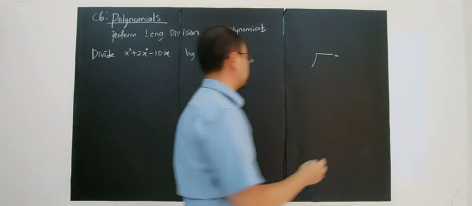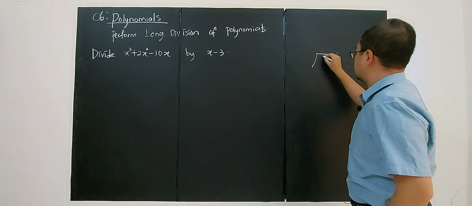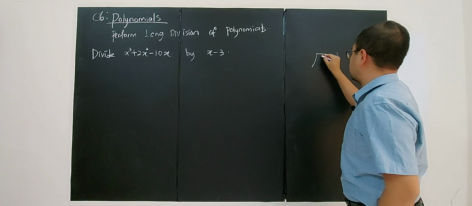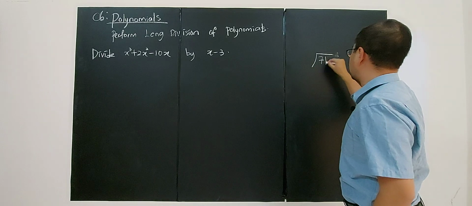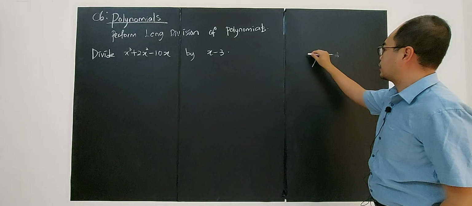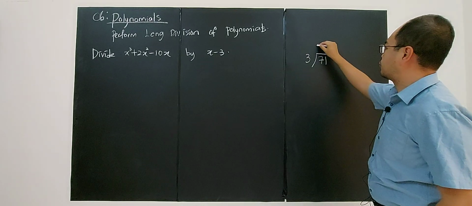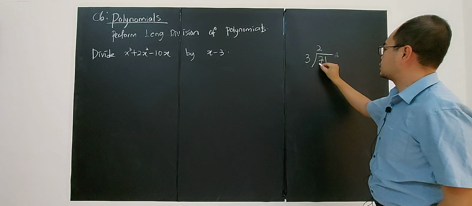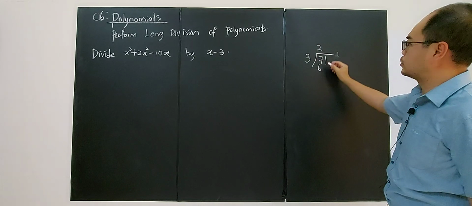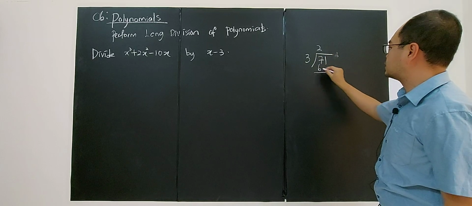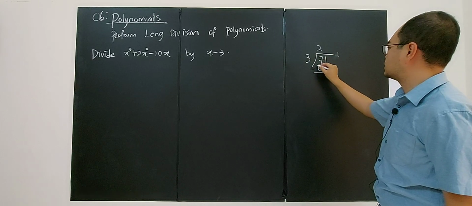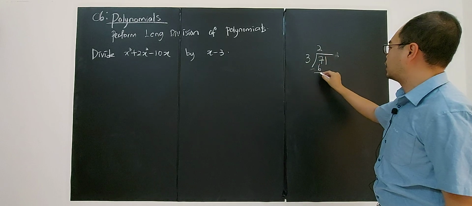dividend, so for example you have 71. 71 divided by 3, for example, you will have 2, 3, 6. This is the way you divide. 2 times 3 is 6, 7 minus 6, then you have 1.